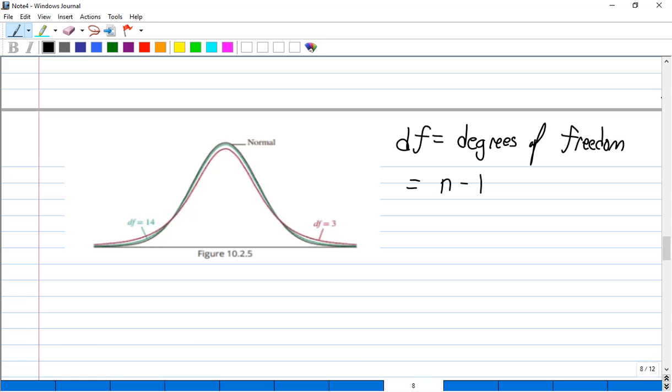All right. So if we know that it's a t-distribution, and how do I know that? I don't have the population standard deviation. Then the main change in the formula that I use to find my interval, this is the new formula.